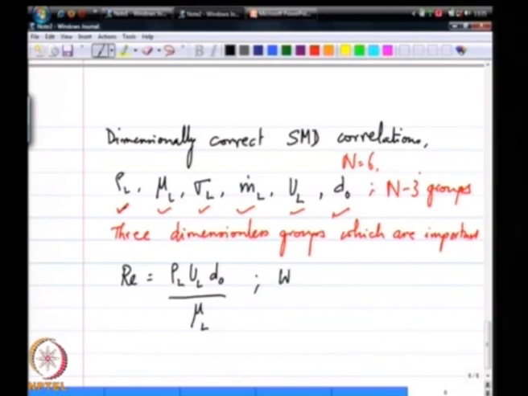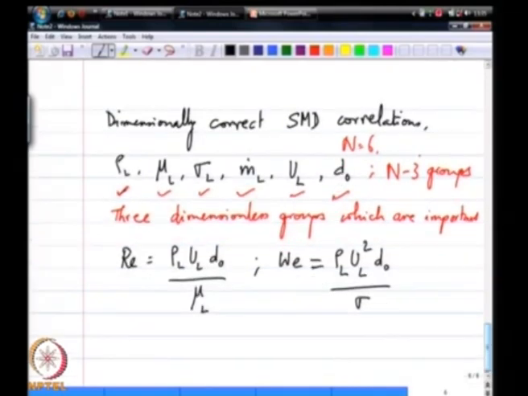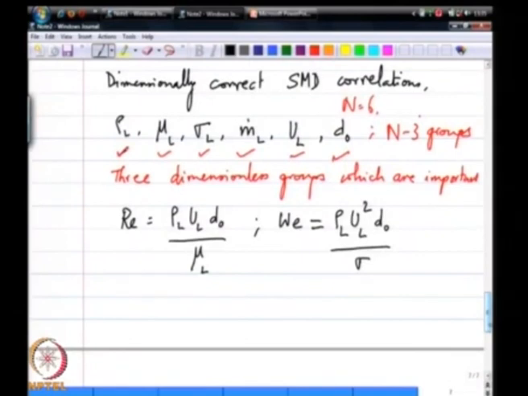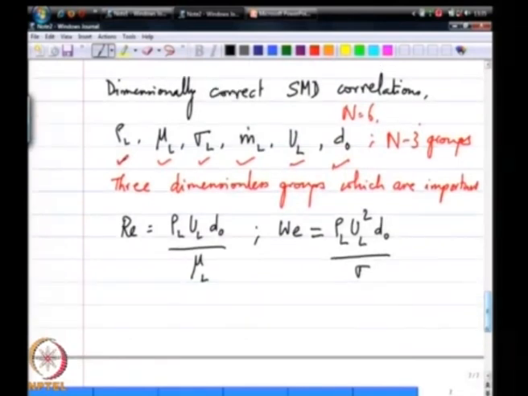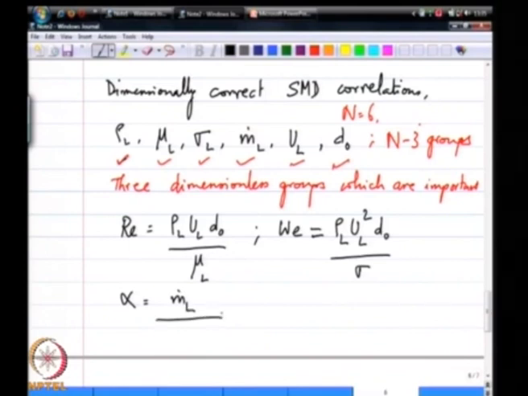I have the Reynolds number, the Weber number, which is given by rho L, and the last one in fact is like our CD. Okay. I will call this alpha, which is essentially m dot L divided by rho L U L d 0 squared.